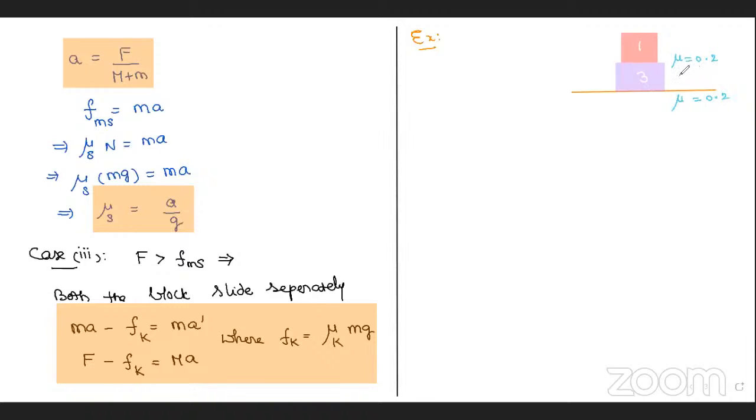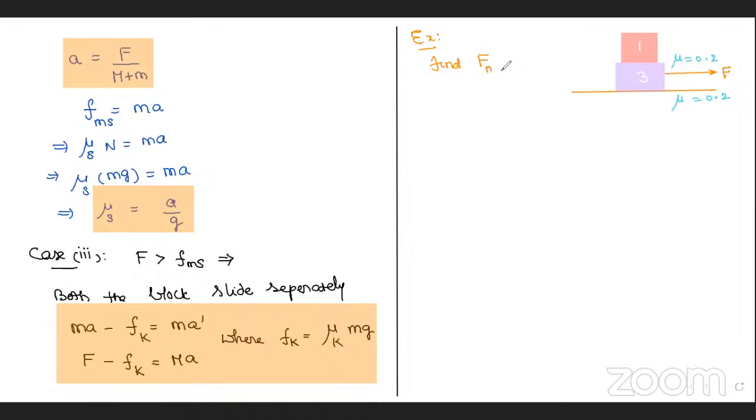Sir, where is he applying the force? Yes, he is applying the force on the 3 kg block, the lower block. This is the force applied. What is the question, sir?